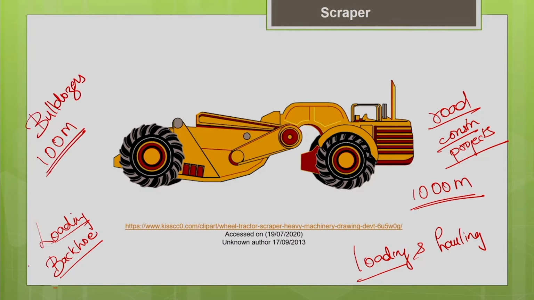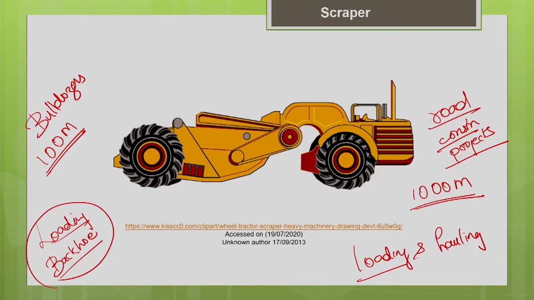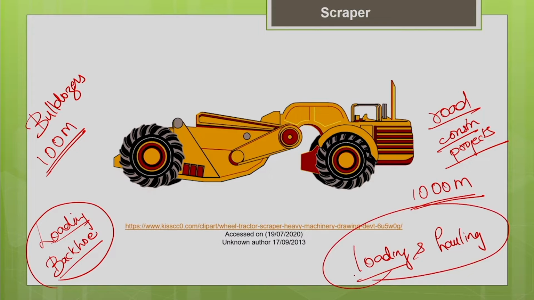What I am trying to say here is there are certain machines which are very good in loading, but their mobility is less. That means they are not good in hauling, so they have a haul distance of maybe less than 50 meters or less than 100 meters. But there are certain machines which are very good in hauling, like your trucks, but they are not good in loading. The scraper is good in both loading and hauling, something between loading and hauling.